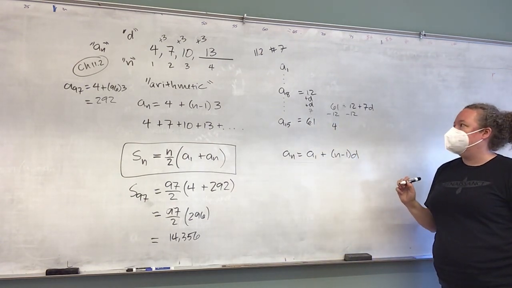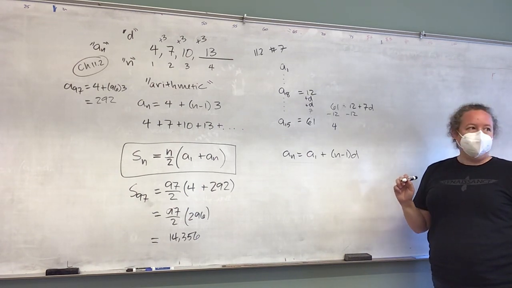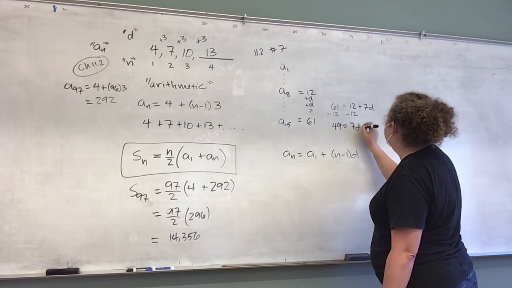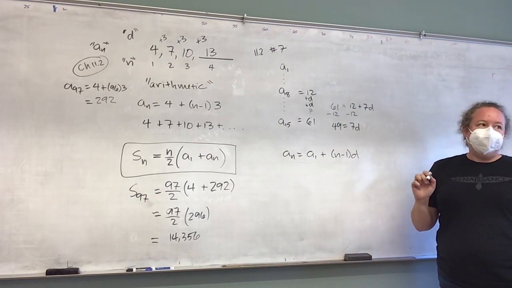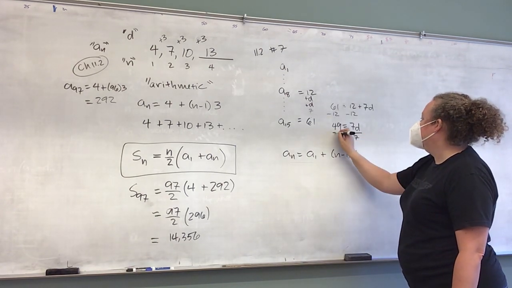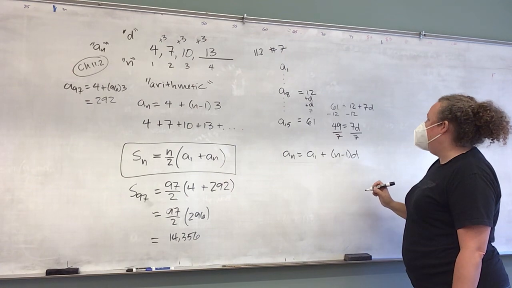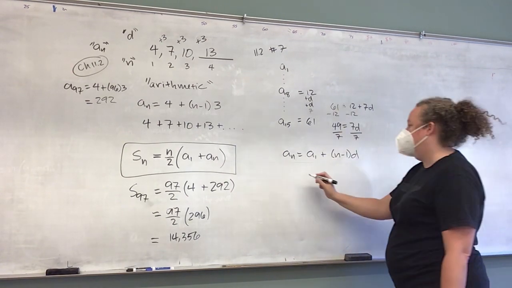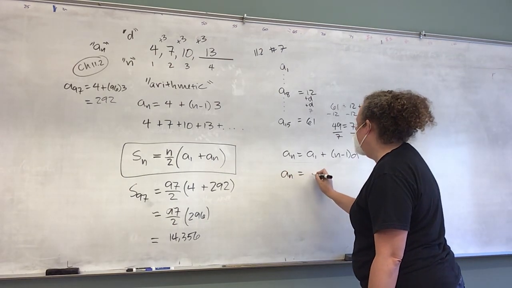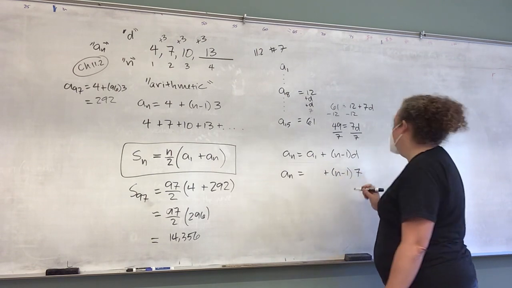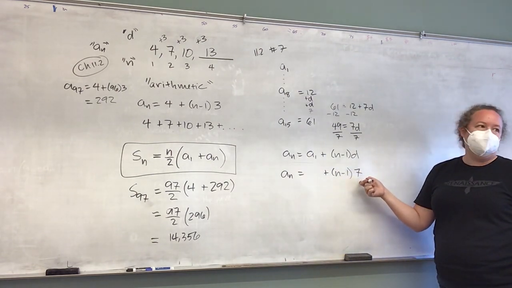No, that's 61 minus 14. 49. And then we can divide by 7. And so we know that D is going to be 7.